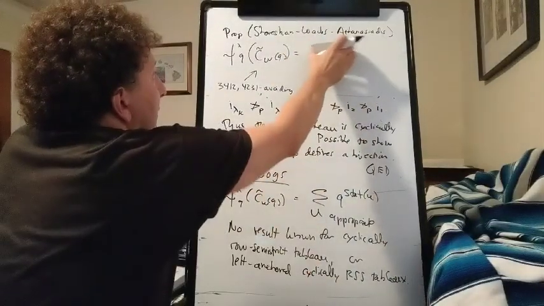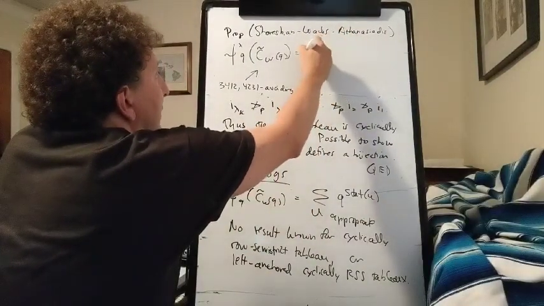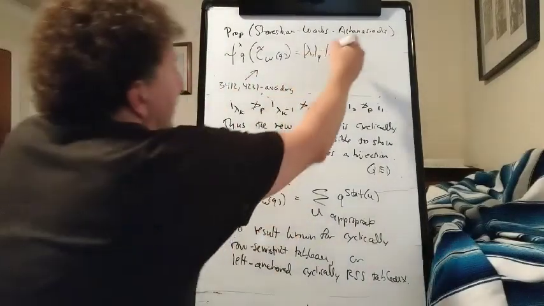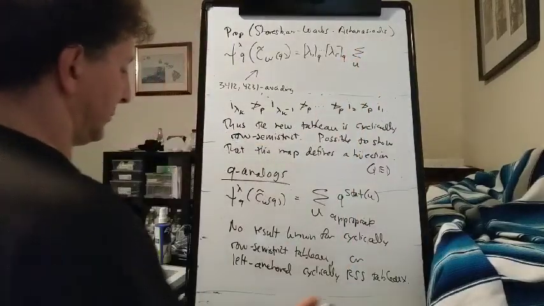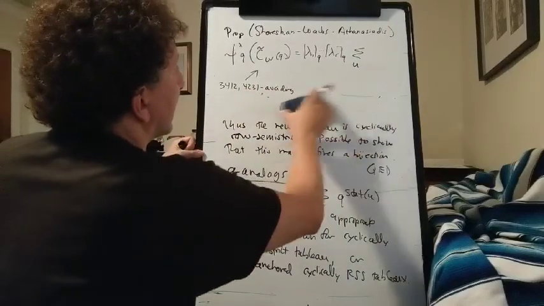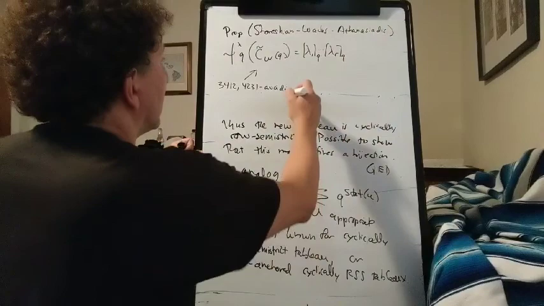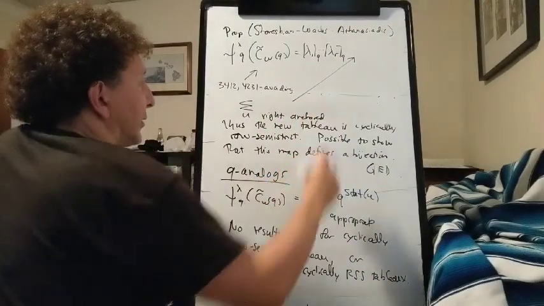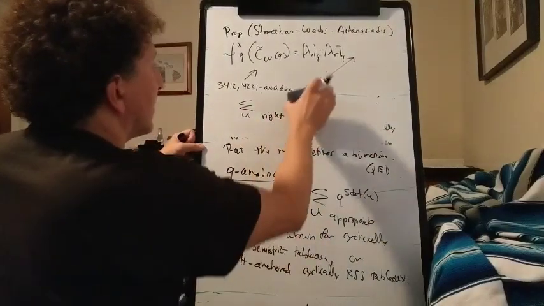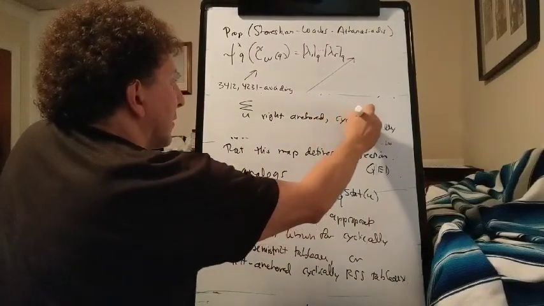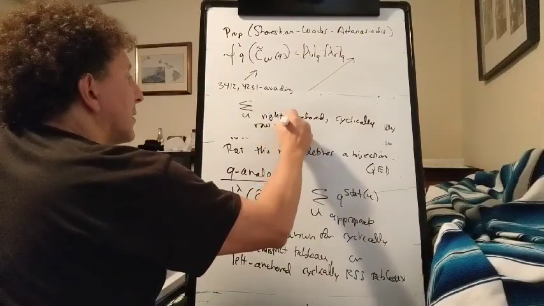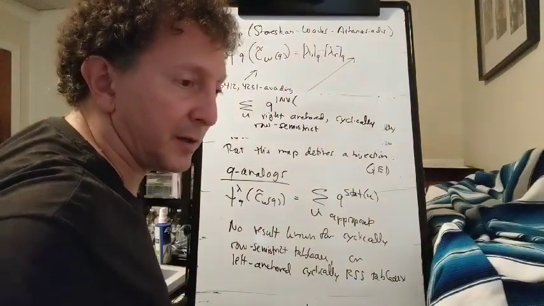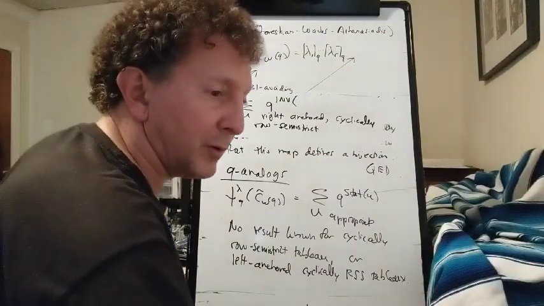This is Q analog of lambda 1 product up to Q analog of lambda r, times the sum over U right anchored and cyclically row semi-strict of Q to the number of inversions of, no, it's not quite row 1, row 2, row 3 of the tableau.